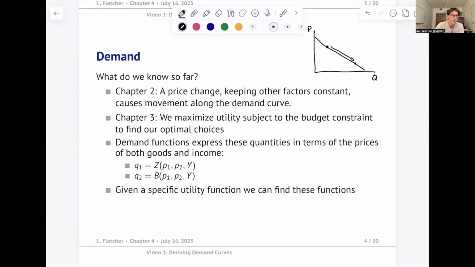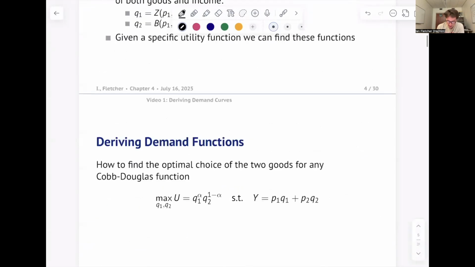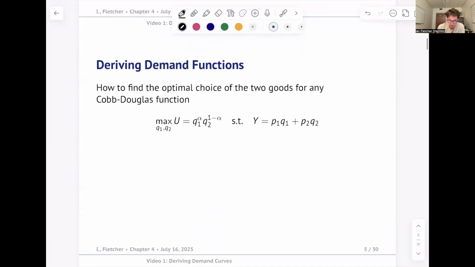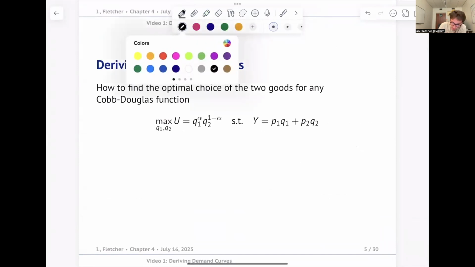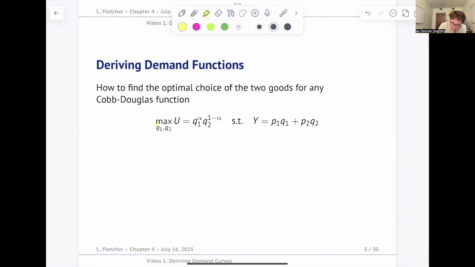So first, let's look at this first example. How do we find the optimal choice of 2 goods for any Cobb-Douglas function?